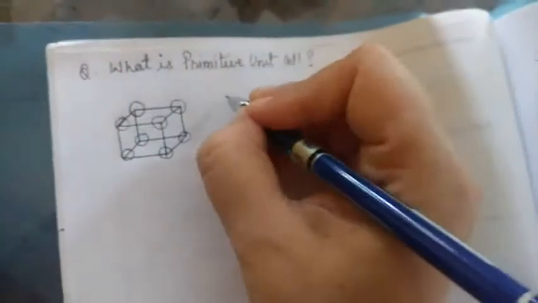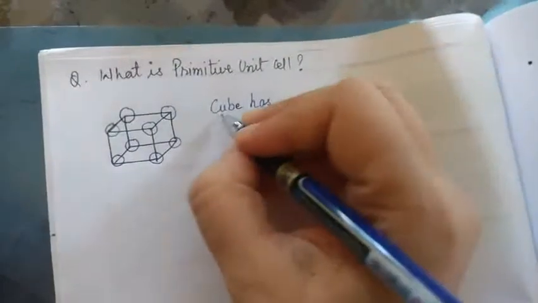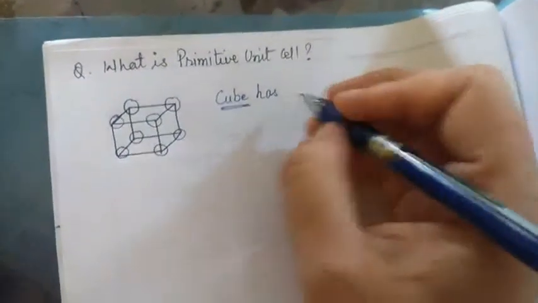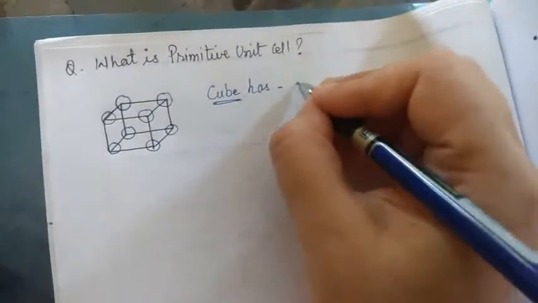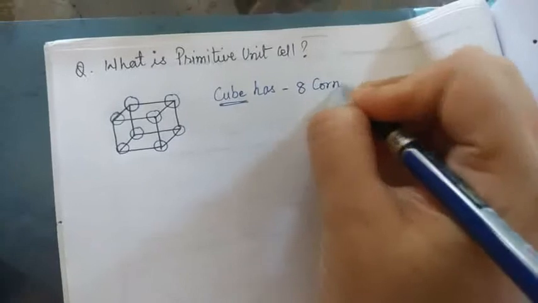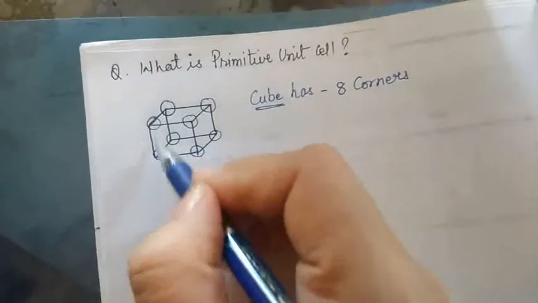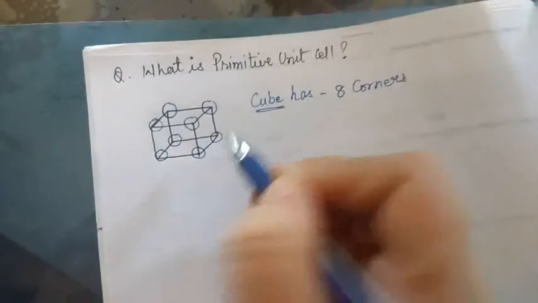A cube symbolizes a unit cell, right? So a unit cell or cube has how many corners? 8 corners. So how many atoms have I drawn on the corners? 8 atoms. Why? Because it has 8 corners.